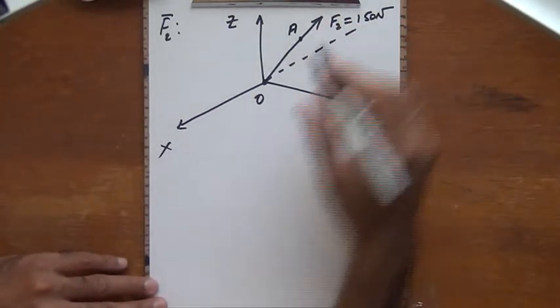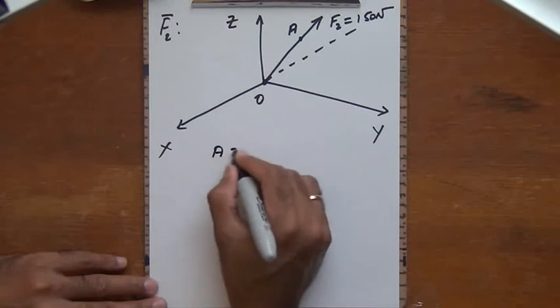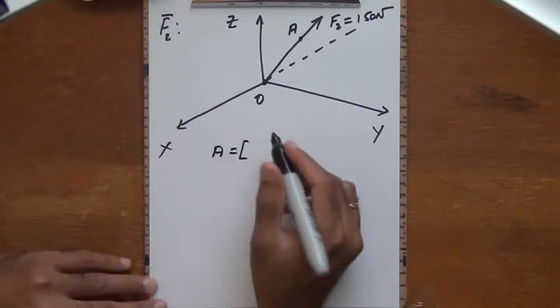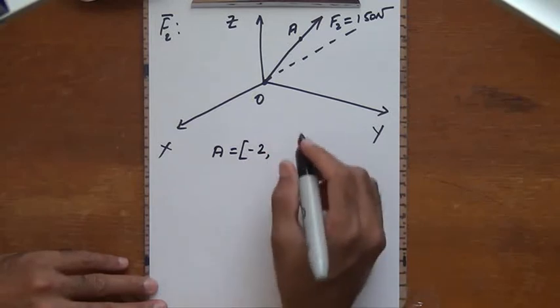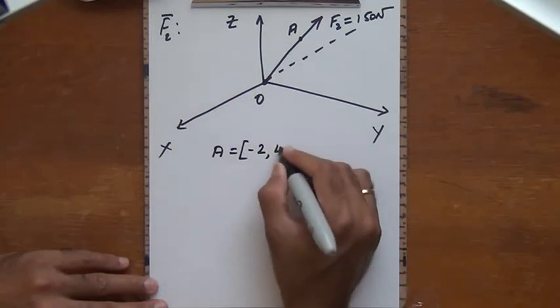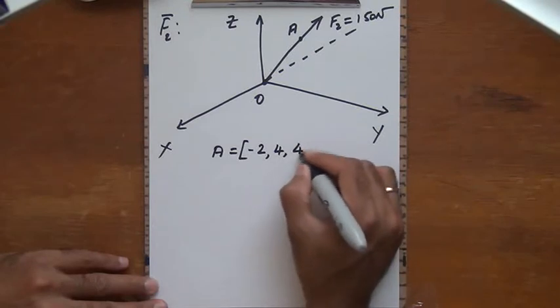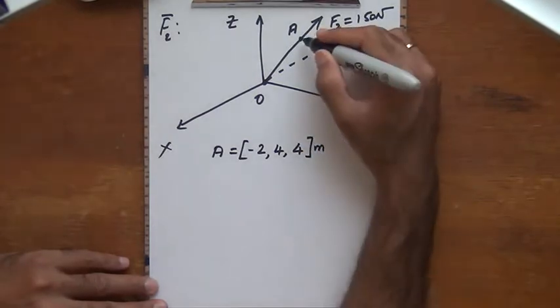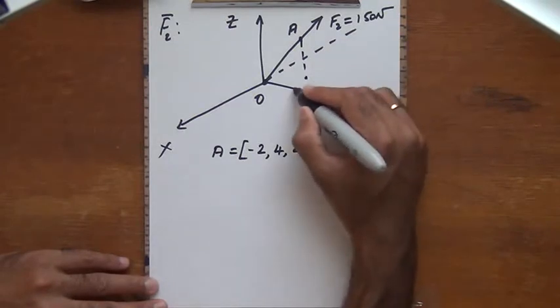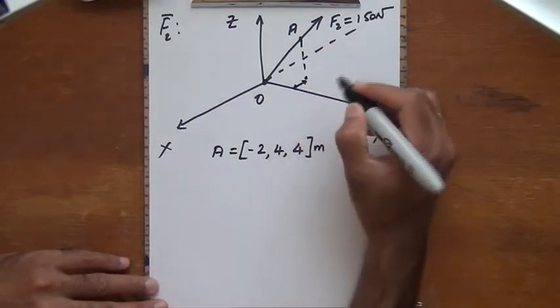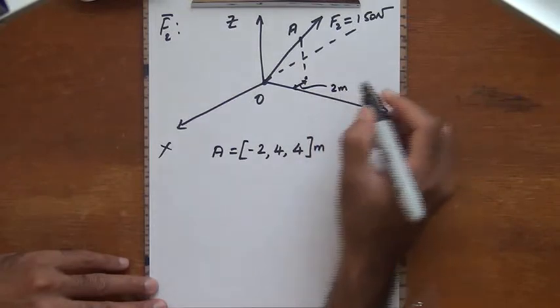We know from the information given to us that point A has the following coordinates. It's minus 2 meters along the x direction, then it's 4 meters along the y direction, and 4 meters along the z direction. Right? If I drop a perpendicular on here, you notice that this is the dimension given here. This is 2 meters.